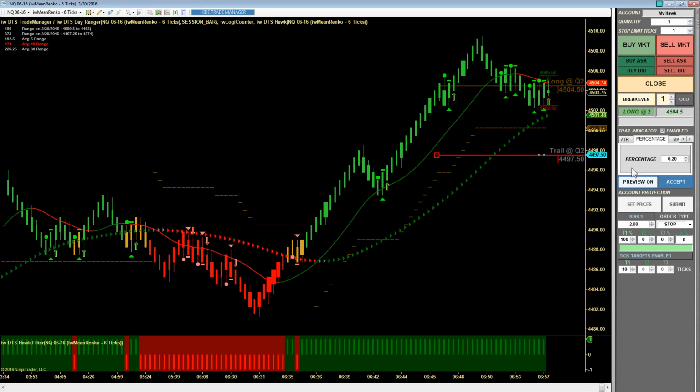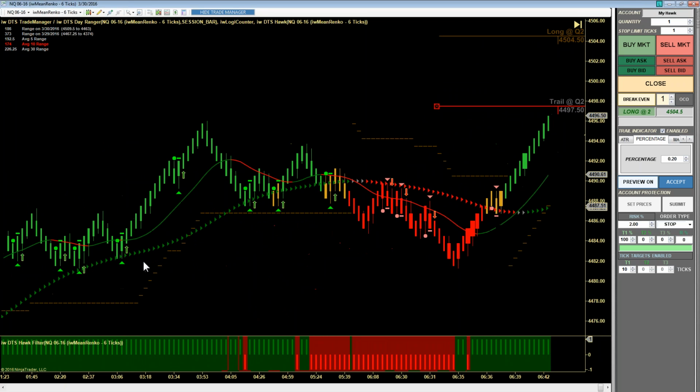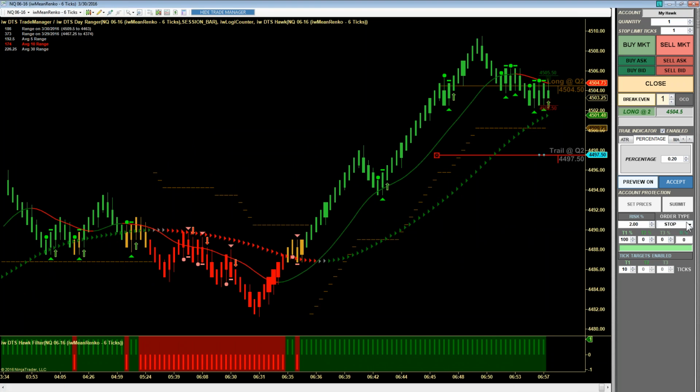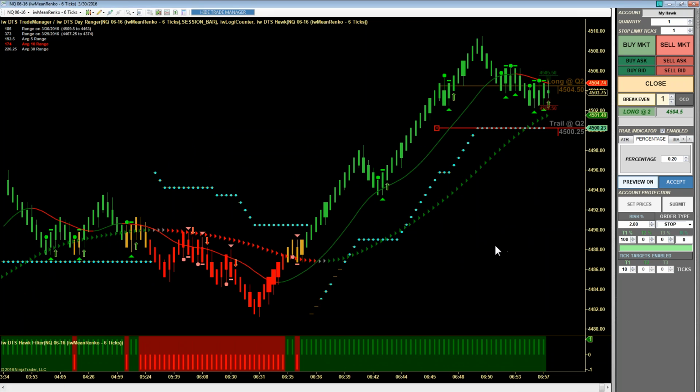So let's say you're looking at, oh, maybe I should use the percent mode, and you can see how it was reacting through the day. You can see whether or not it seems to follow the market well. If that's to your liking, then all you need to do is click accept, and voila, now you are in percent mode.